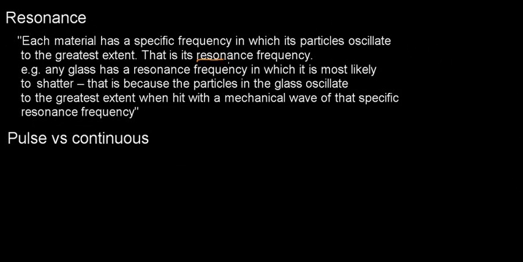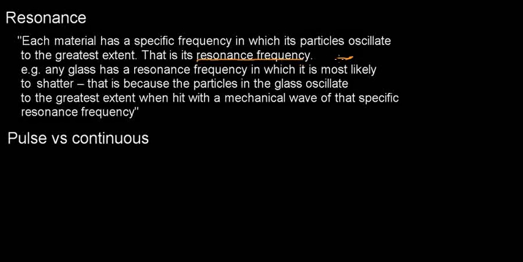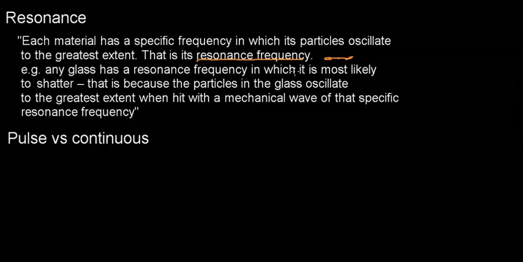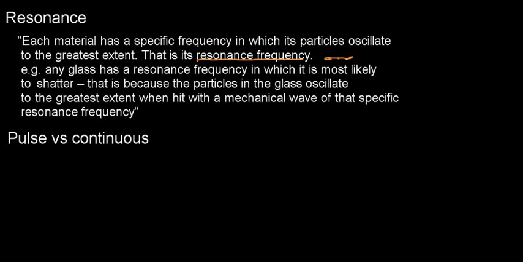This is the resonance frequency, the frequency at which these particles have the most displacement to one side or the other. Any glass has a resonance frequency, or this is just an example. Any glass has a resonance frequency in which it is most likely to shatter.